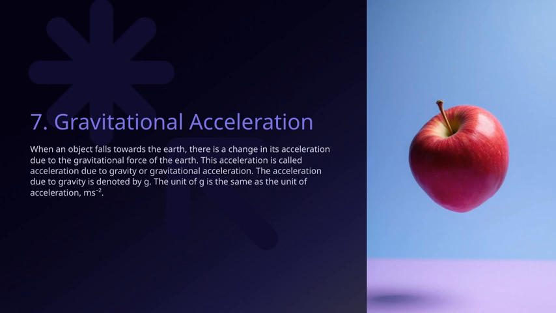Now, the unit for g is the same as that for acceleration in general, meters per second squared, or m/s². Understanding this concept is crucial because it links directly to how objects move under gravity, which is fundamental to grasping the laws of motion and the forces at play in our universe. So, whenever we analyze falling objects or projectiles, this acceleration due to gravity is a key factor we always consider.